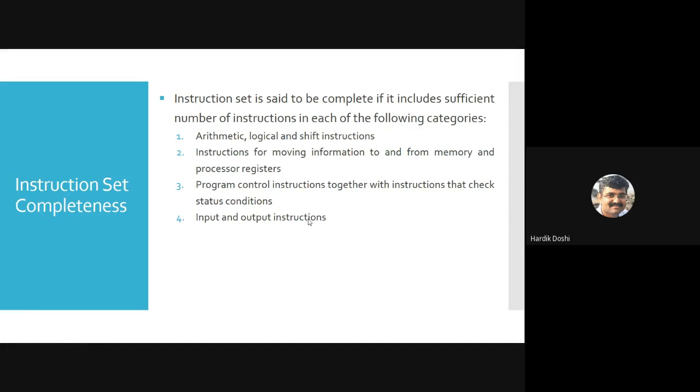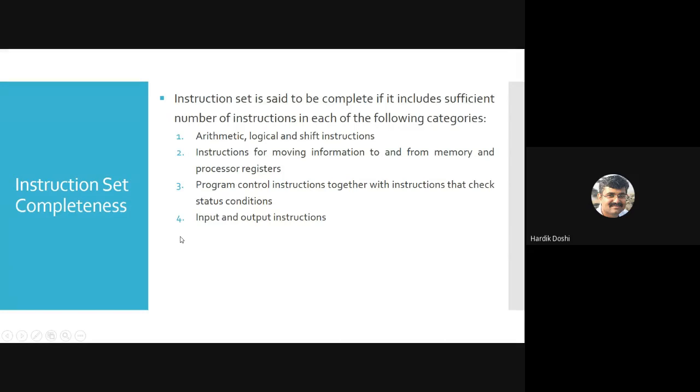So if I want to say whether my instruction set is complete or not, then if the instructions are able to complete these four tasks, we can say that the instruction set is complete. Is it clear?